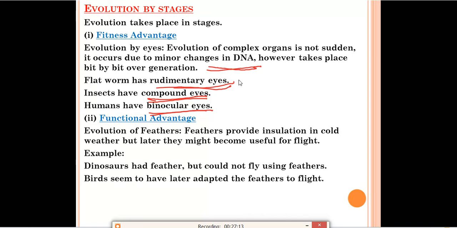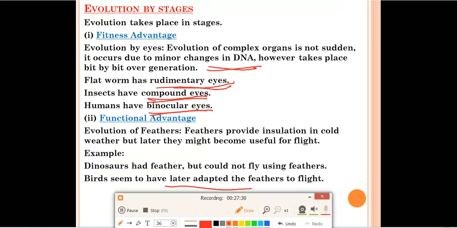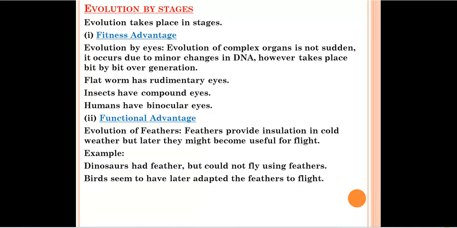For example, dinosaurs had feathers, but they could not fly using them. Birds also developed feathers, and they use those feathers to fly. So we can say that feathers give a functional advantage to an organism.